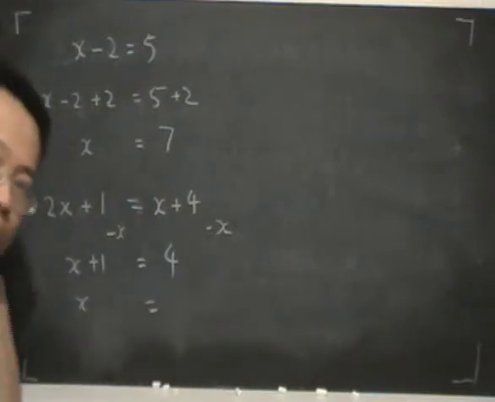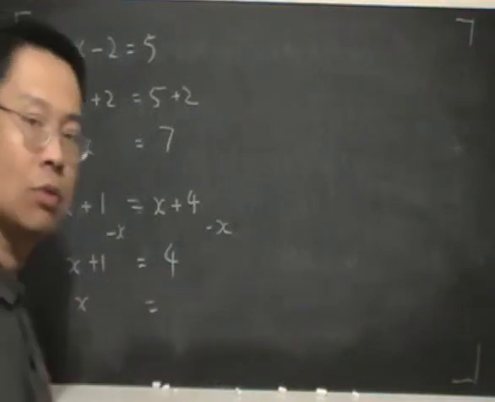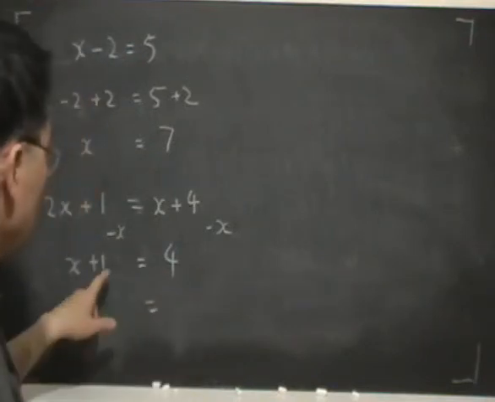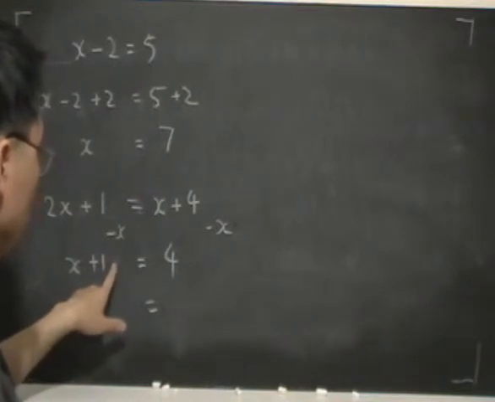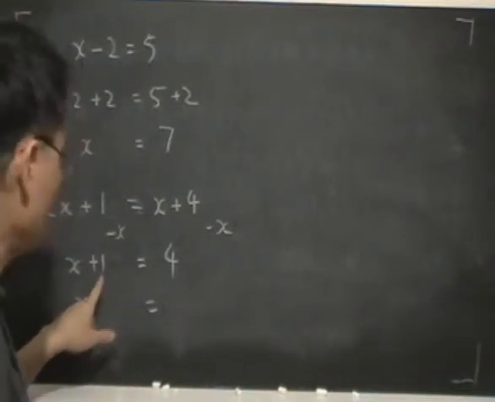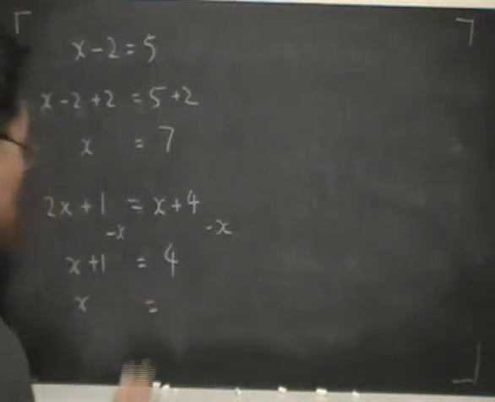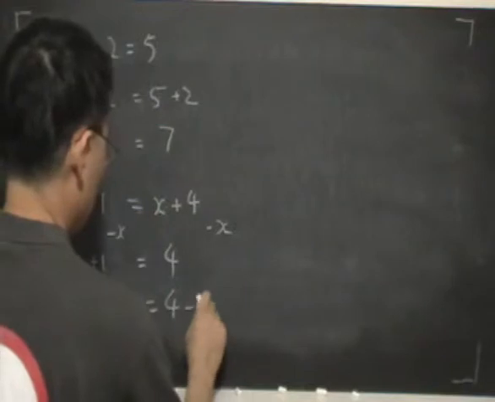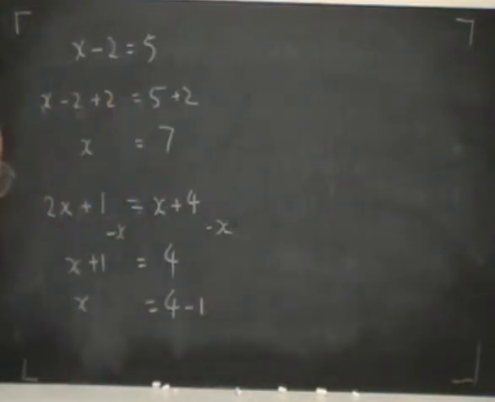And we can get rid of the 1 if we minus 1 from both sides. So if I minus 1 on the left, the 1 is gone and only x is left. If I minus 1 on the right, I have 4 minus 1. And 4 minus 1 is 3.